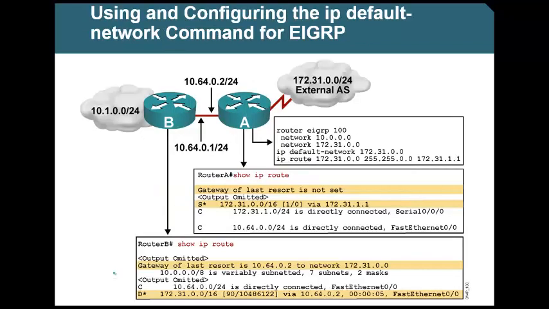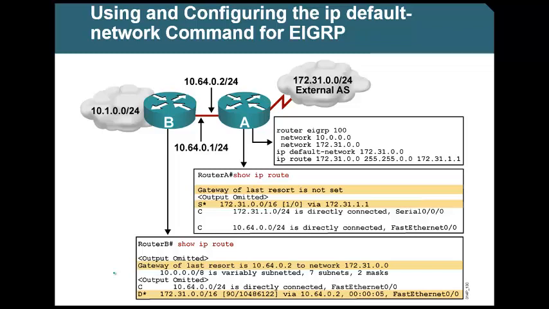Now this command helps to inject a default route. In OSPF, you might have seen in production they use a command called default-information originate.